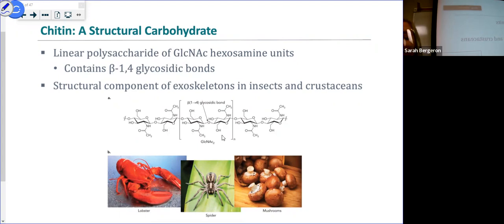So you're going to have this repeating unit of these two N-acetylglucosamines, and then they're going to link together, right? So this is the repeating unit, and that's why they put the little N there. This is in all the exoskeletons of crustaceans and insects and that kind of thing, and also inside of fungi. But it just depends on its orientation, whether you're going to have something really, really hard and tough versus not so much.